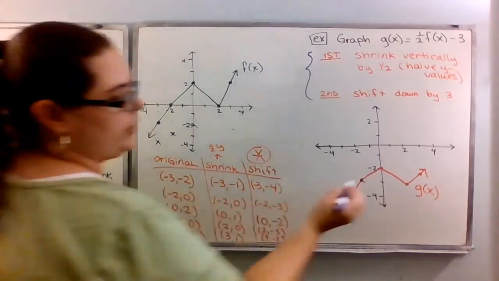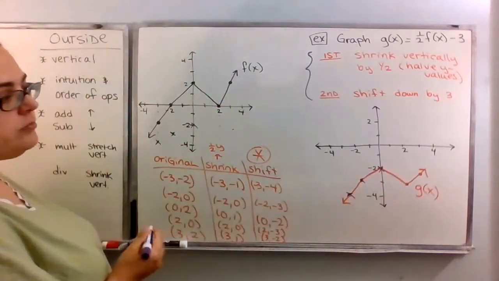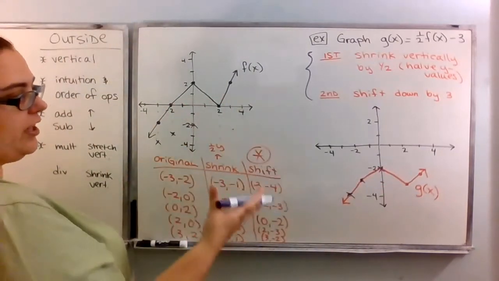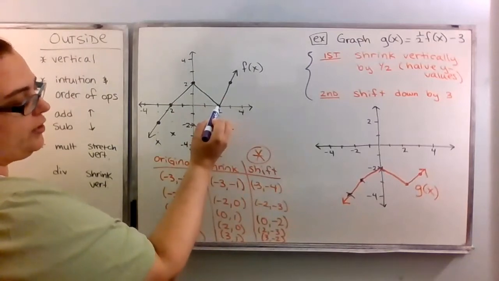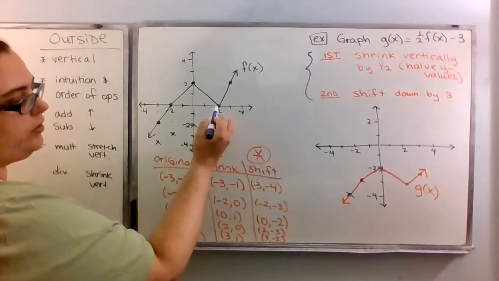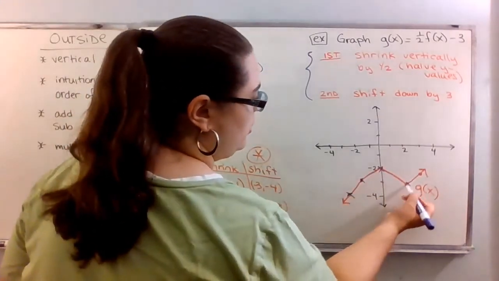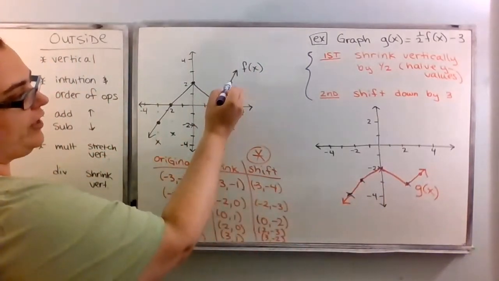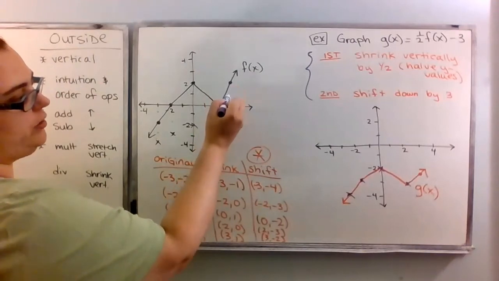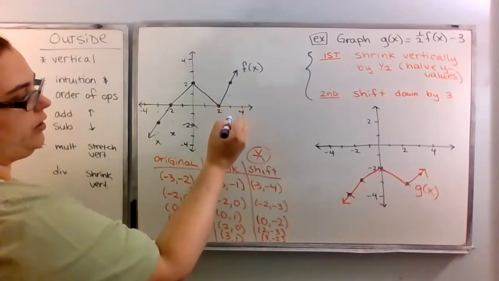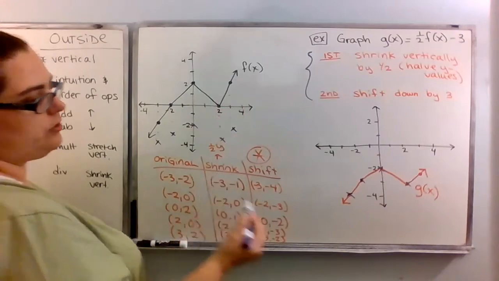So we're now at 0, -2. Similarly, we follow the next two points. The y value is 0, so half of 0 is 0. 1, 2, 3. 2, -3. And here the y value is 2. Half of 2 is 1. And then we go down 3: 1, 2, 3. So 3, -2.